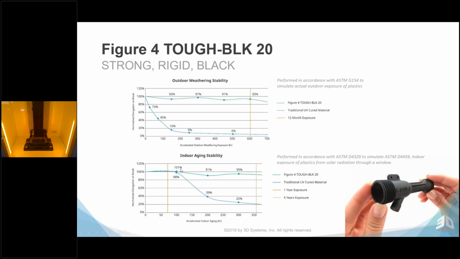If you look at indoor, same idea: traditional, okay, about a year, then it starts to taper. On this machine, we're still holding strong up until even 5 years of exposure to UV light. So we're talking about end-use parts here. We're not talking about parts that will eventually crumble in your hand.